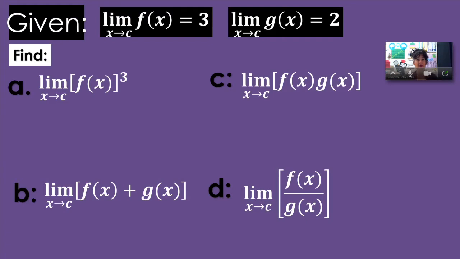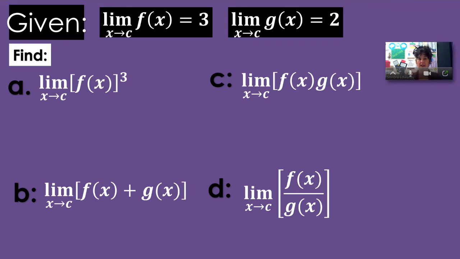Introducing a few limit properties, we are given the answer to the limit as x approaches c of f of x and the answer to the limit as x approaches c of g of x. In part A, notice that f of x is being cubed, and we want to find the limit as x approaches c of the function being cubed.